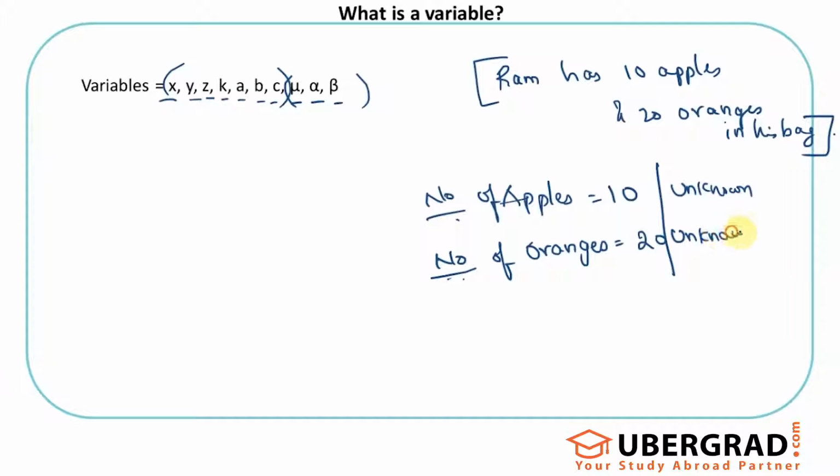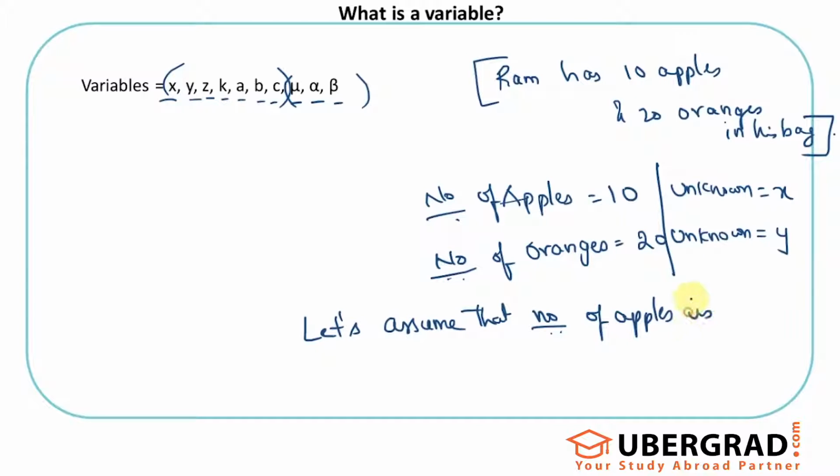So for that case, when I don't know this, I can actually take a variable in place of that. This is how we would have done in school when we first started algebra. Let's assume that the number of apples is x.